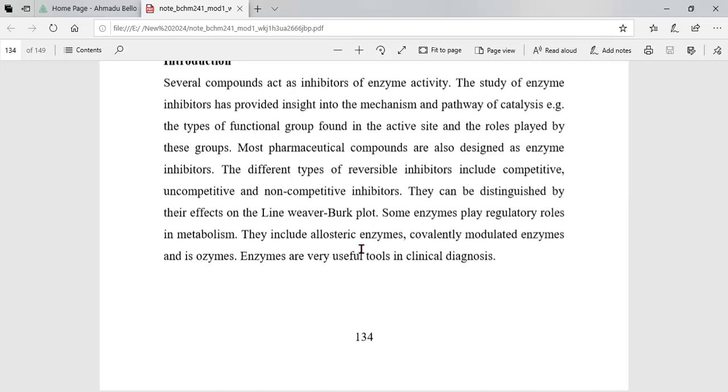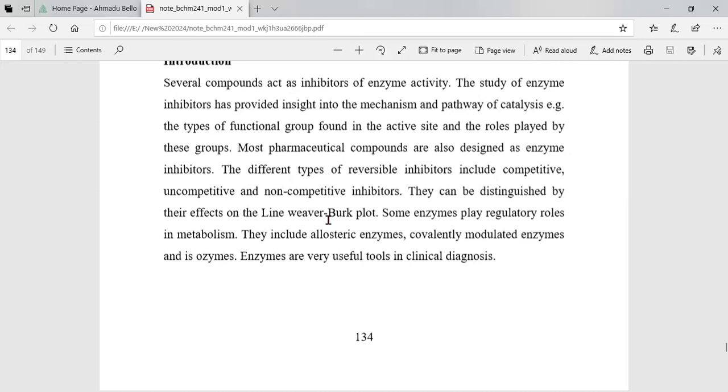Those active site residues have functional groups that help in enzyme catalysis. And so we see that most pharmaceutical industries design compounds as enzyme inhibitors.